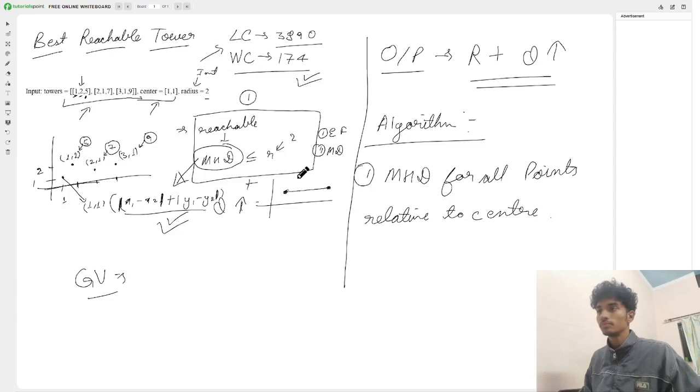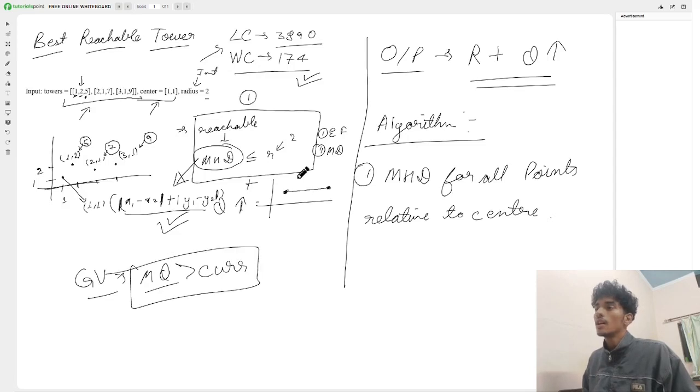This max quality will be updated if our current quality is greater than our max quality. Whenever this condition holds, we will store these two values, x1 and y1, for the current index into the answer.